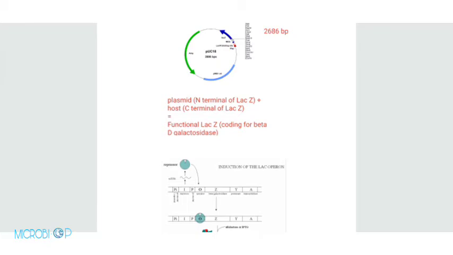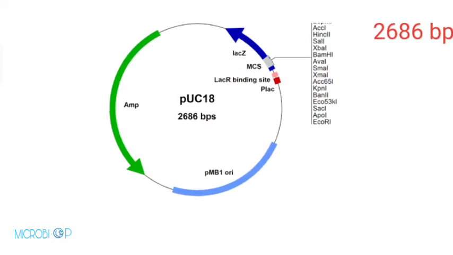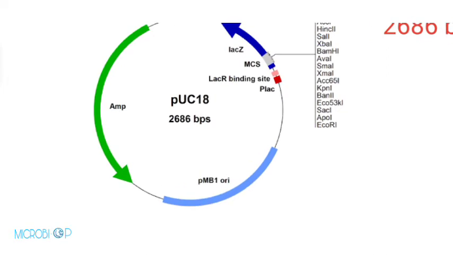Let us think of a situation. What will be the situation? The situation is that the MCS is not cleaved, or the DNA insert is not put inside the MCS. Now what will happen if the DNA insert is not put inside the lacZ gene or the N terminal, and it is allowed to form a hybrid?